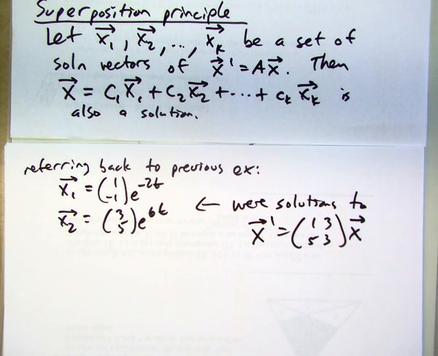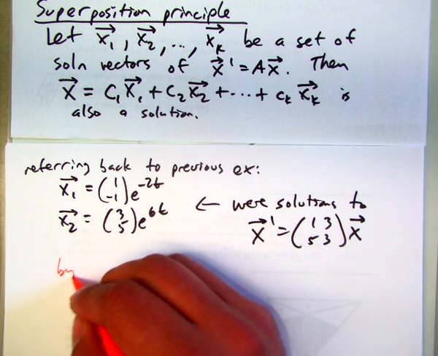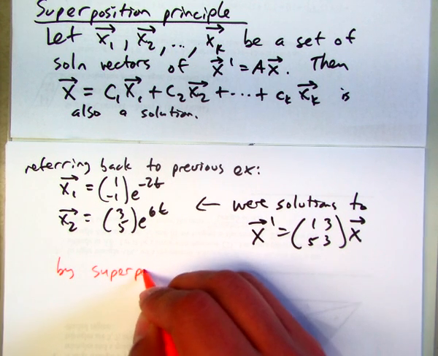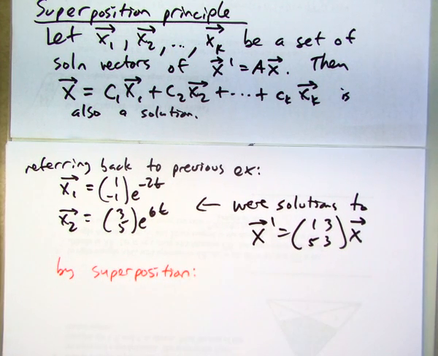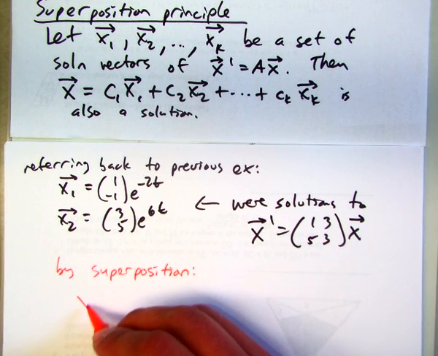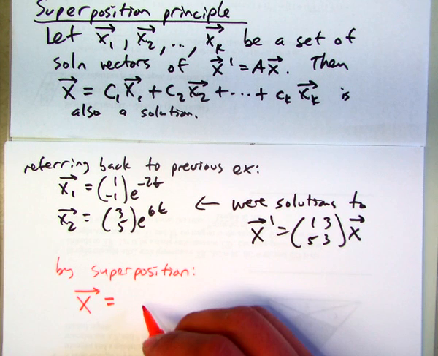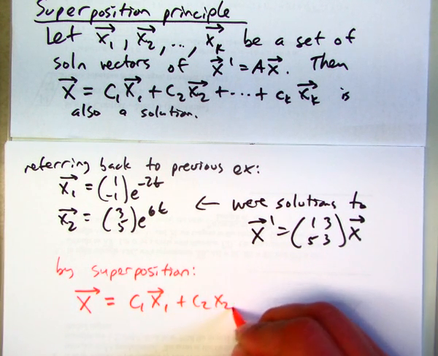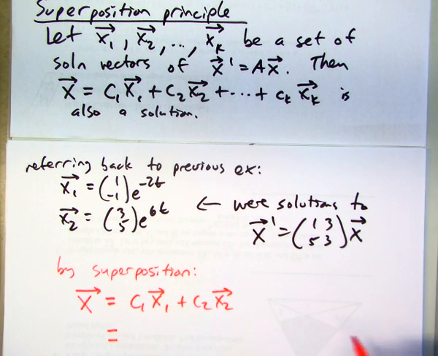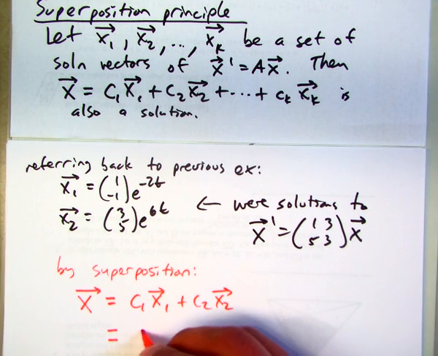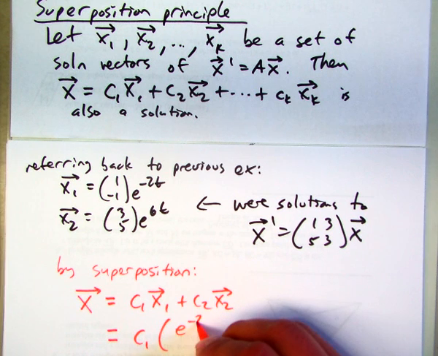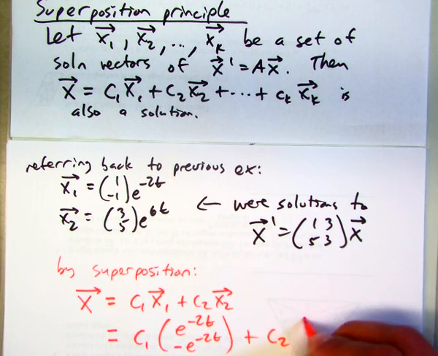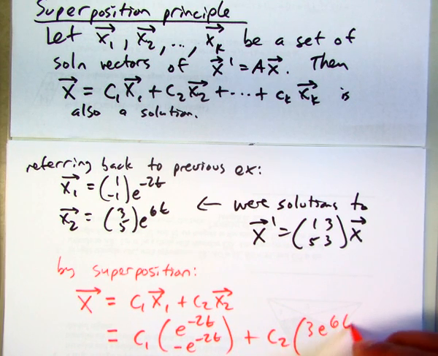Then by superposition, we know that x equals c1 x1 plus c2 x2 is also a solution, and if I write that out, that's just c1 times (e to the negative 2t, negative e to the negative 2t) plus c2 times (3e to the 6t, 5e to the 6t).